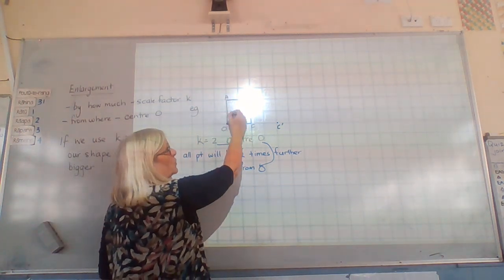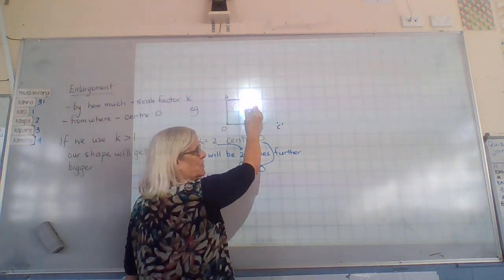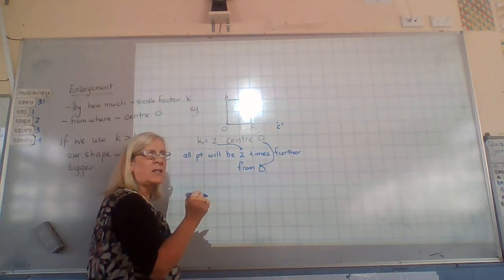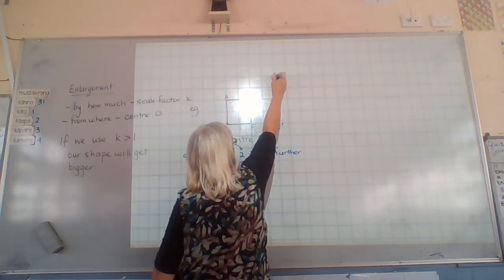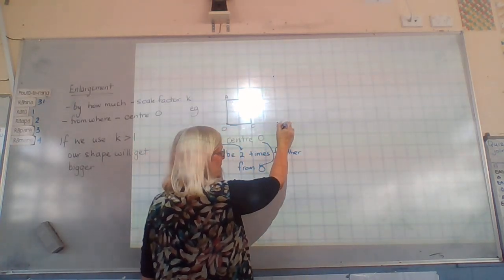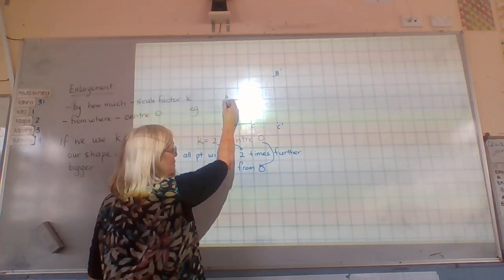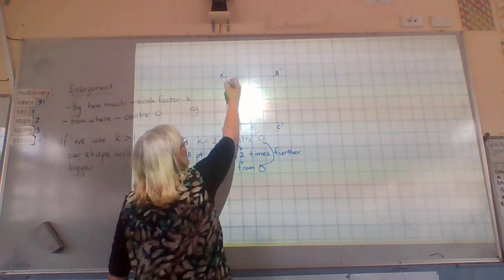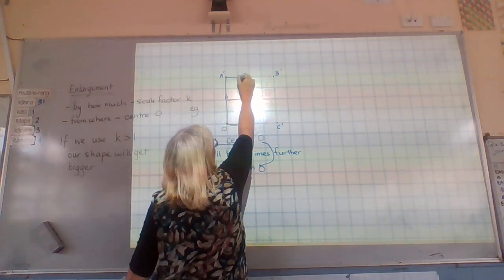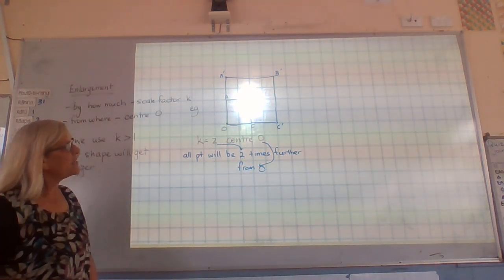This one is 2 squares diagonally, or 2 squares to the right and 2 squares up. Doesn't matter how you find it. We're just going to multiply that by 2. So 4 squares diagonally, or 4 squares to the right and 4 squares up, gets you to the same place. 2 squares up, 4 squares up. So our image is going to be here. All right, so that's an easy one.